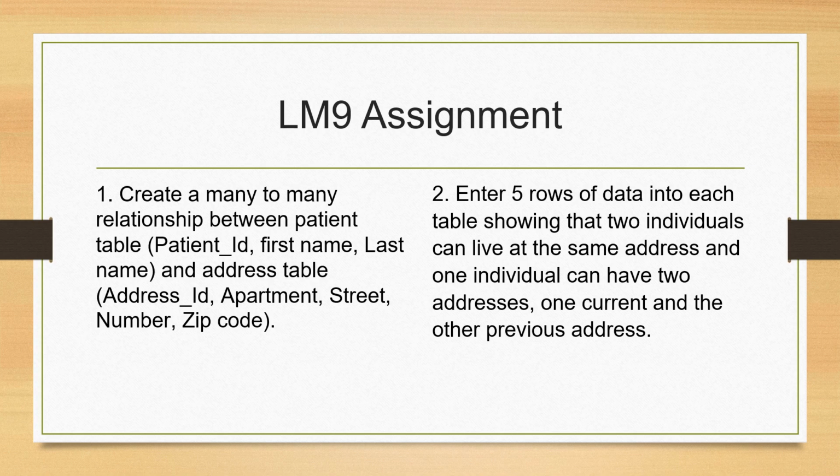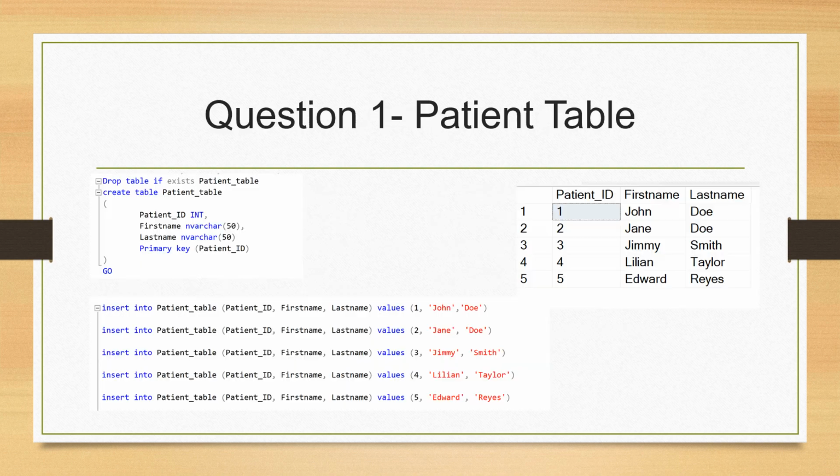Now we will be discussing the first two questions of the LM9 assignment. In the first question, we are asked to create a many-to-many relationship between patient table and address table using the following attributes. In the second question, we are asked to enter 5 rows of data into each table showing that 2 individuals can live at the same address and 1 individual can have 2 addresses, one current and the other previous.